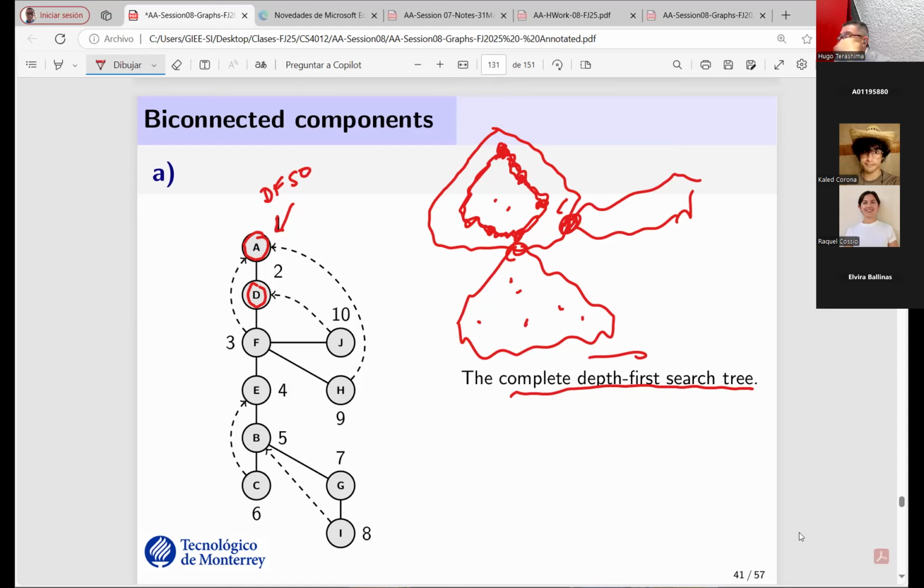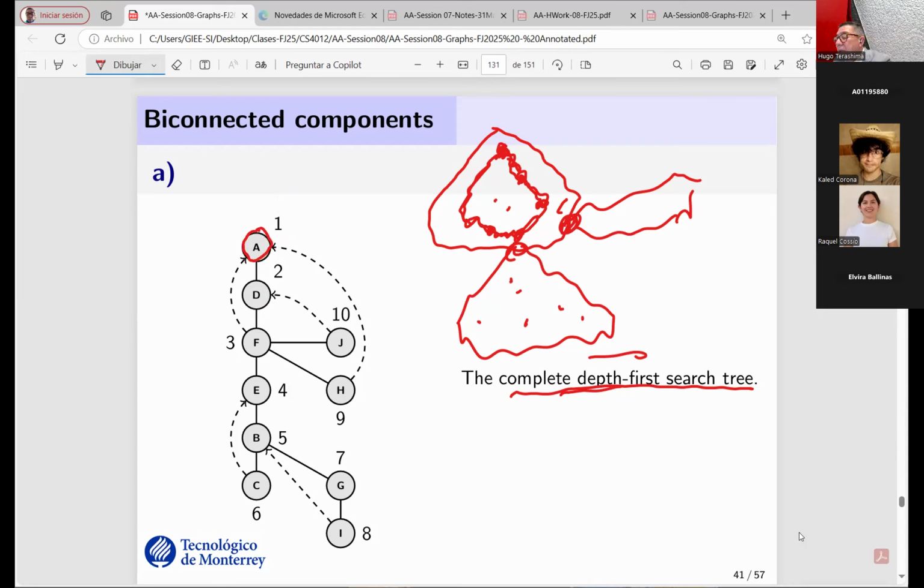So in the first phase, it's going to do the depth first search tree first, and it's going to give the order of the search, right? For example, let's do the depth first search of this tree. It's going to start here in A, right?